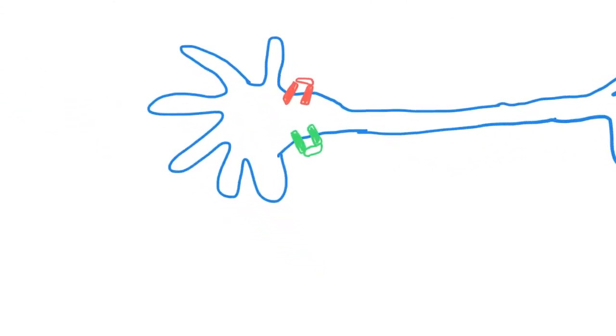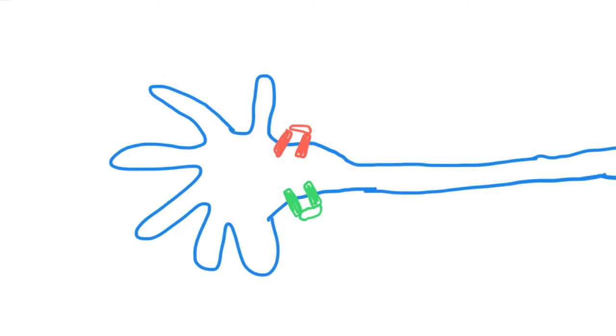So, what's going on at the neuron during step 2? Here we have a sodium channel. And during depolarization, it opens.